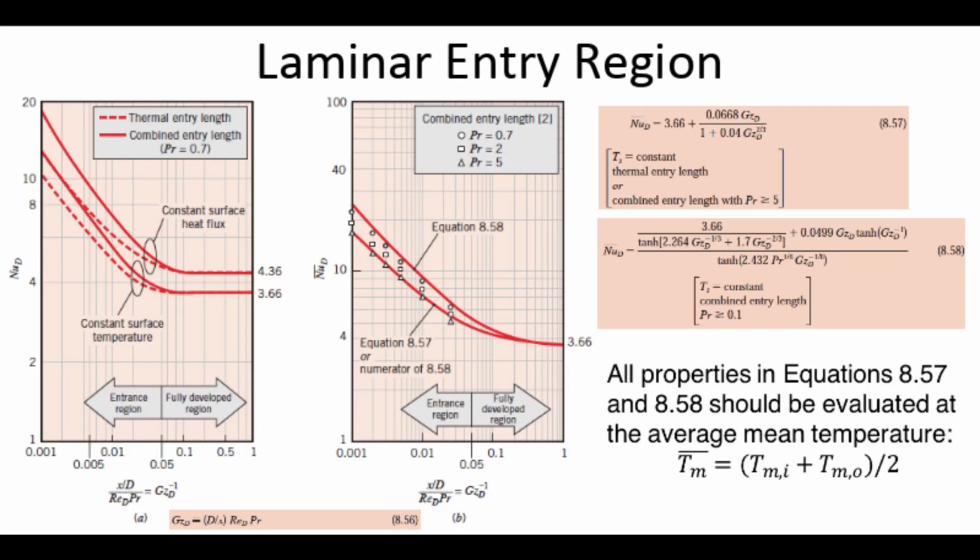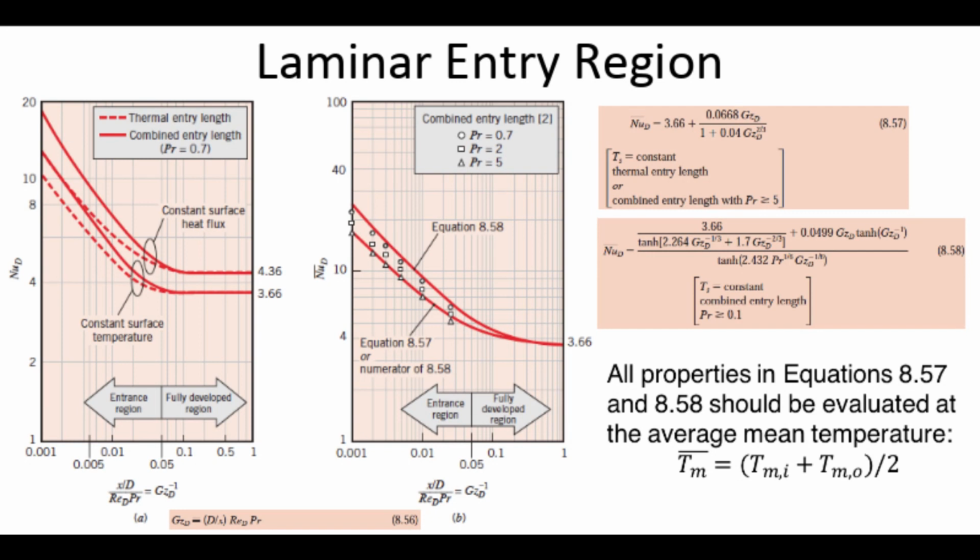That's equation 8.57. That's for the thermal entry solution, or combined entry length, but it applies for Prandtl number larger than 5. For a Prandtl number larger than 0.1 and smaller than 5, more or less on the order of 1, we need to apply what we have in equation 8.58.